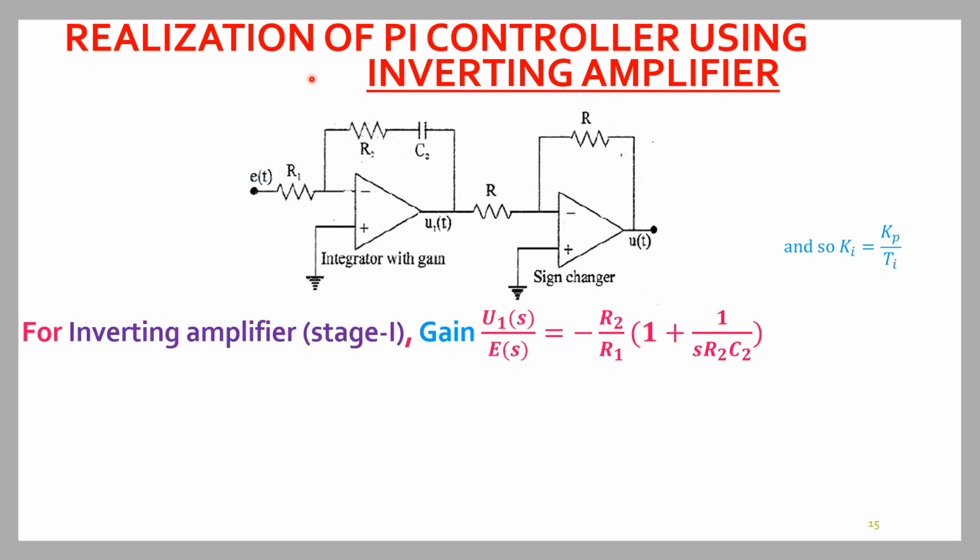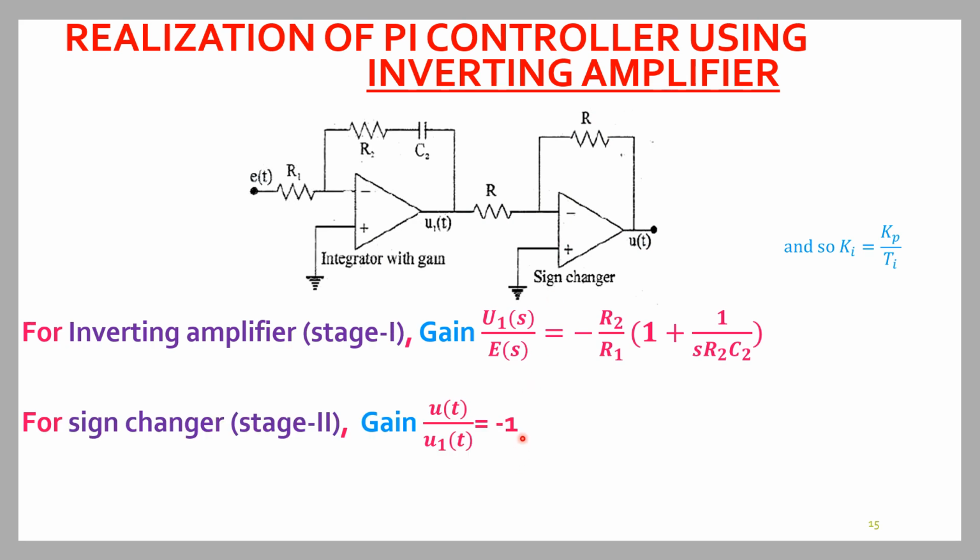So the first stage will give the transfer function, that is, the output E1 of t will be the integral of the error signal E of t. After simplifying the derivations we got, as it is an inverting integrator, minus R2 by R1 into 1 plus 1 by S into R2 into C2. So this is my first gain. My second gain is a sign changer, as we have the same value of resistor, so it will provide my gain as minus 1.